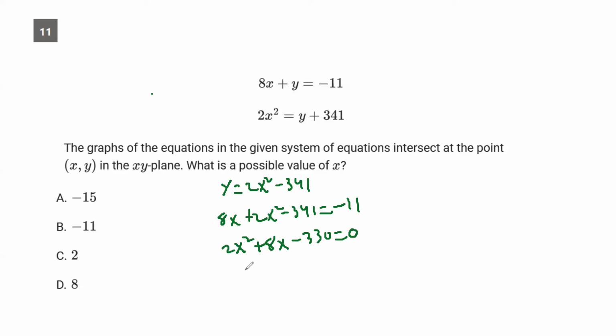I can divide out the 2 because everything is an even number, and you get x squared plus 4x minus 165 equals 0. And then I can factor: what multiplies to 165 and has a difference of 4, with the bigger number being positive? It's going to be x plus 15.